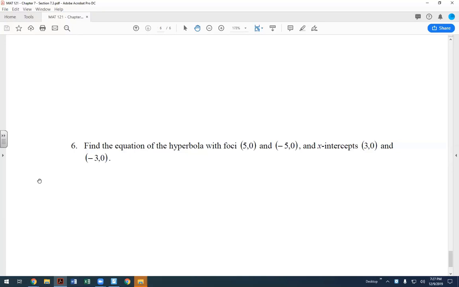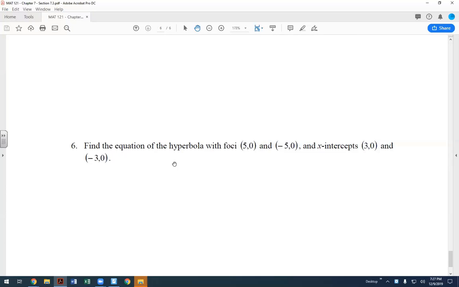So if this is a hyperbola opening left and right, that means this equation will be starting with x squared over a squared minus y squared over b squared equals 1. So you're getting your c value from here, and the x-intercept gives you the a value when it's a hyperbola opening left and right.